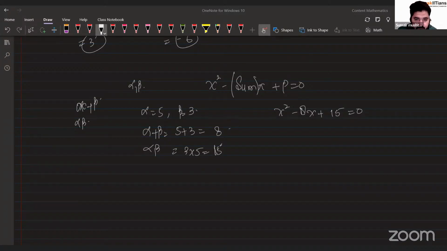Let us suppose you have an infinite sum. In this, the quadratic equation can be used, because such types of questions can be there. I will tell you the question.